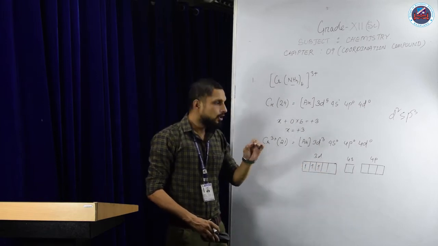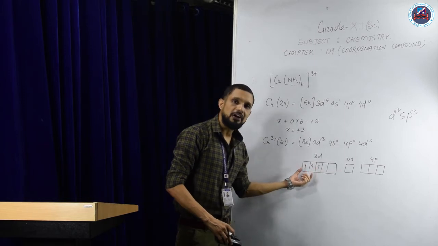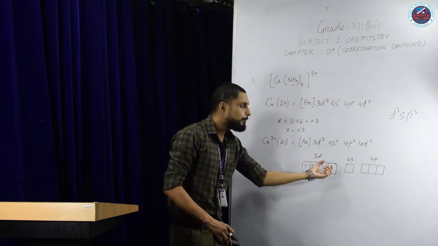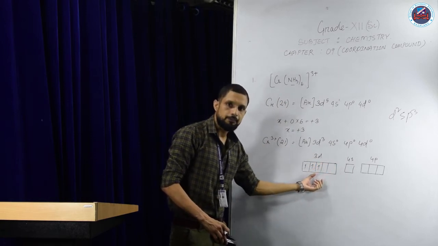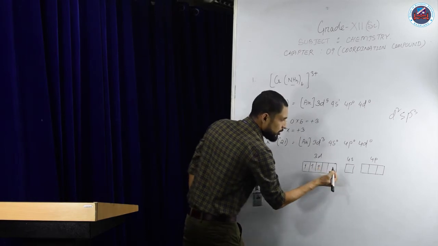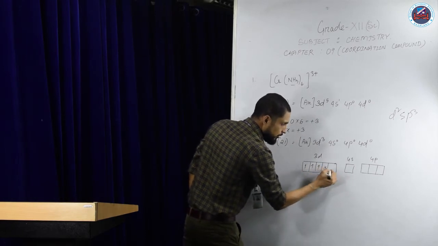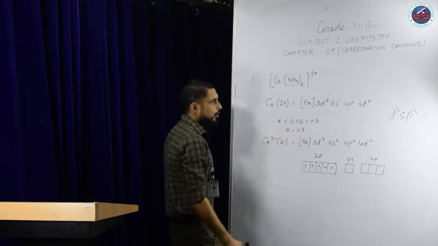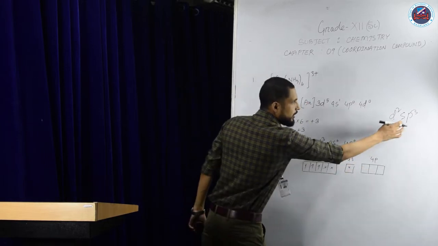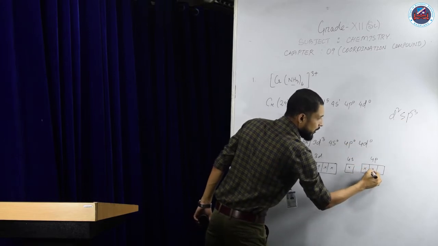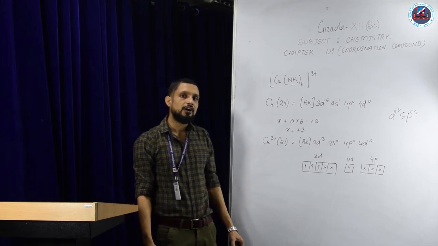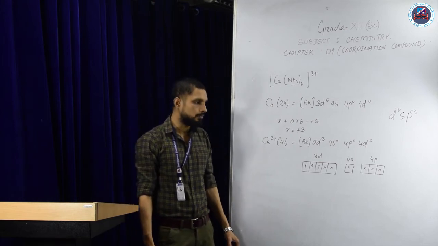But in case we don't have a vacant d orbital, and it is a strong field ligand, we'll have to force pairing. In this compound, we already have vacant d orbitals. We need 2, so 1, 2. We need 1 s, and 3 p, 4, 5, 6. So a total of 6 hybridized orbitals will be formed.